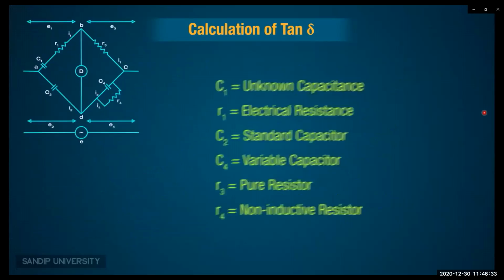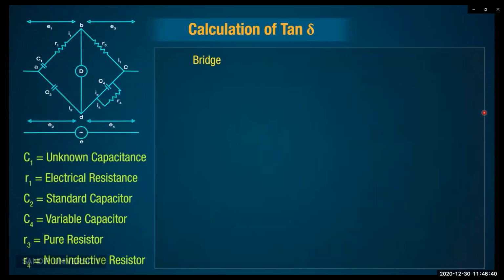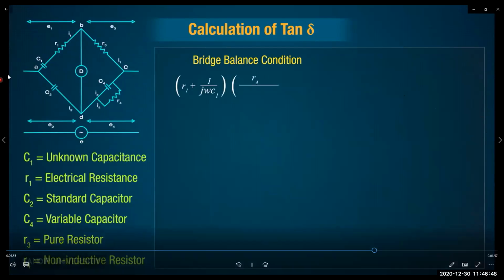From the theory of AC bridges, at the balance condition, (R1 + 1/jωC1) times R4/(1 + jωC4R4) equals the product of the other two arms. Multiplying this arm with this arm is equal to multiplying this and this.